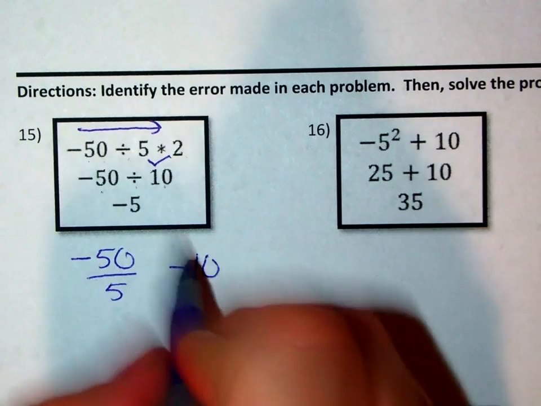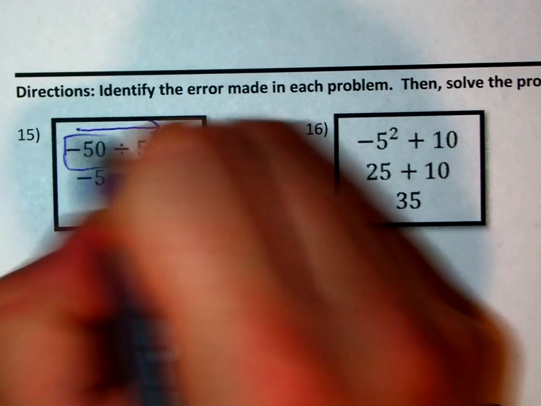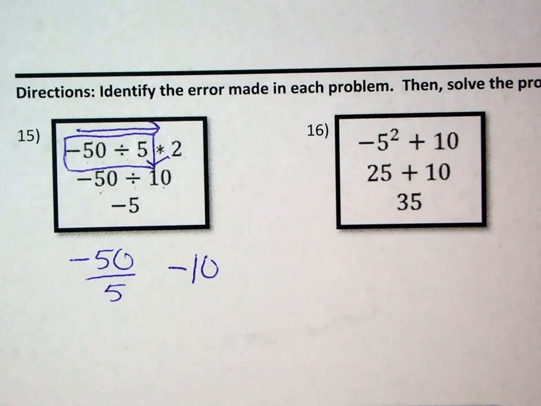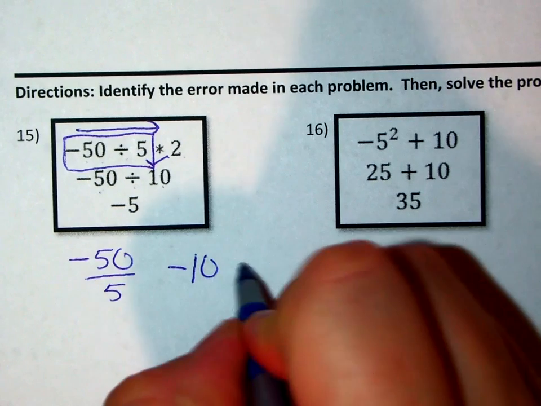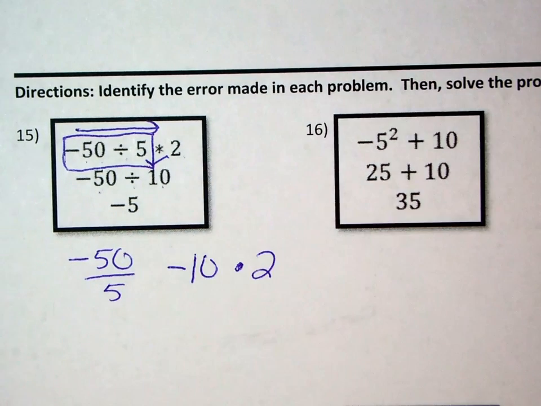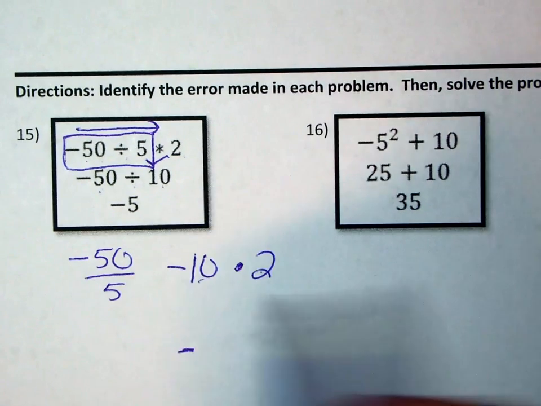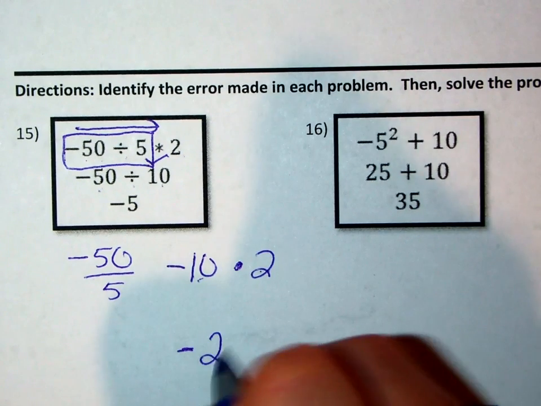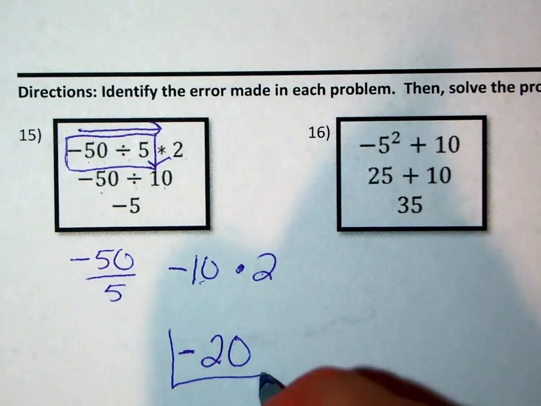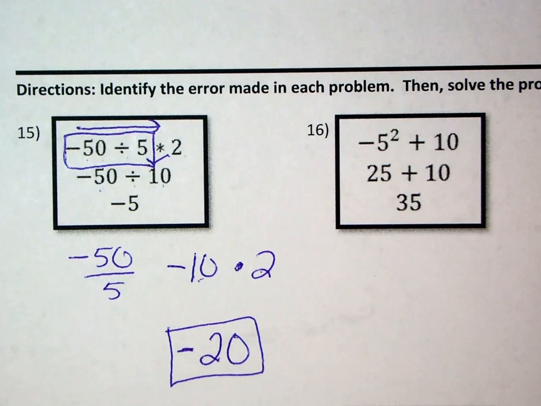Now we replace negative 10 for the part of the expression that we just solved. So negative 10 times 2. Now we have a negative times a positive. Our solution will be negative. 10 times 2 is 20. So our solution for that problem should have been negative 20.